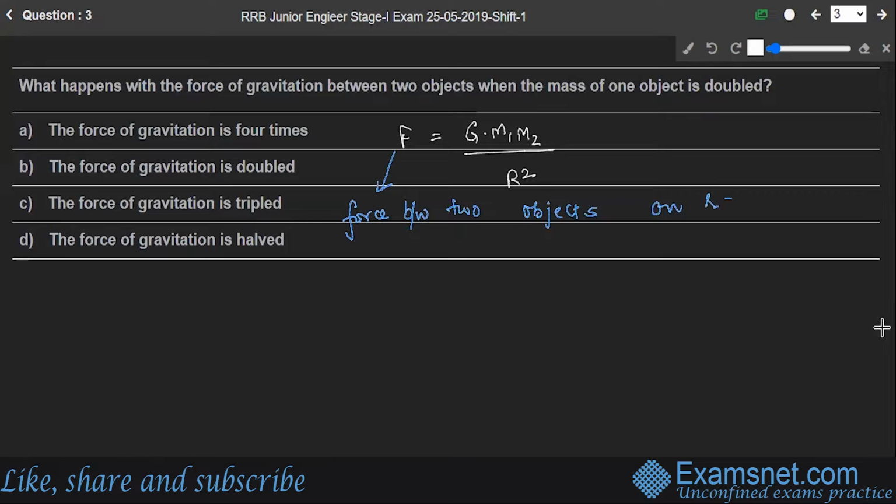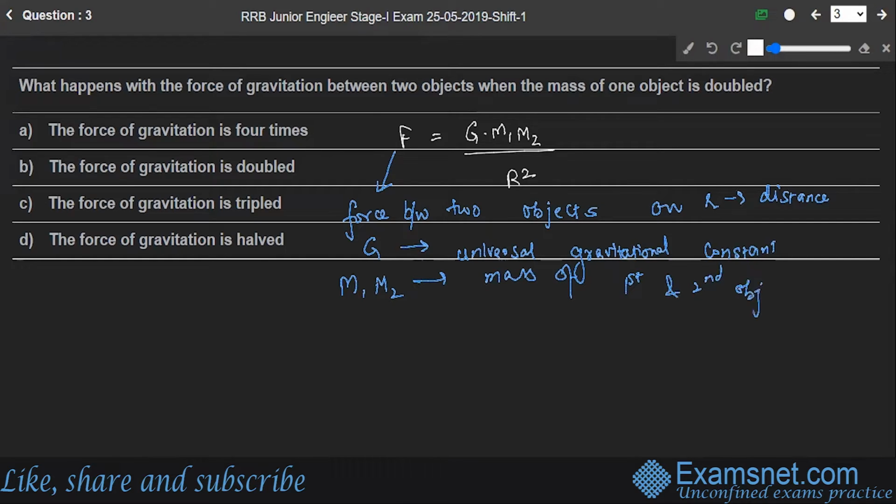G is your universal gravitational constant. M1 and M2 are the masses of the first and the second object respectively.